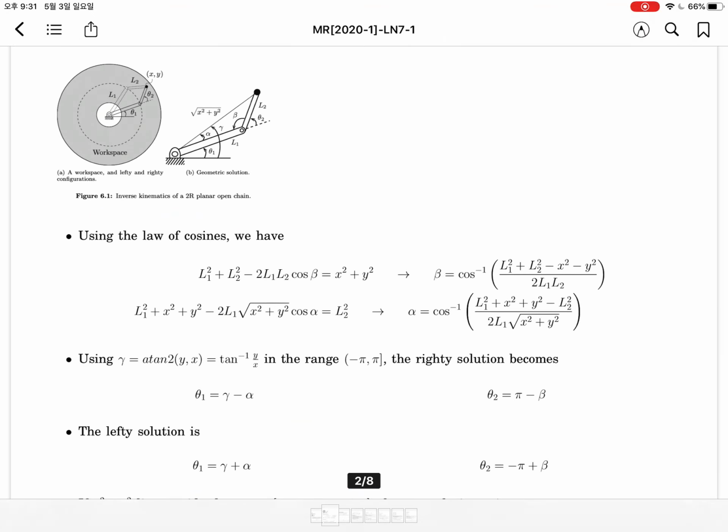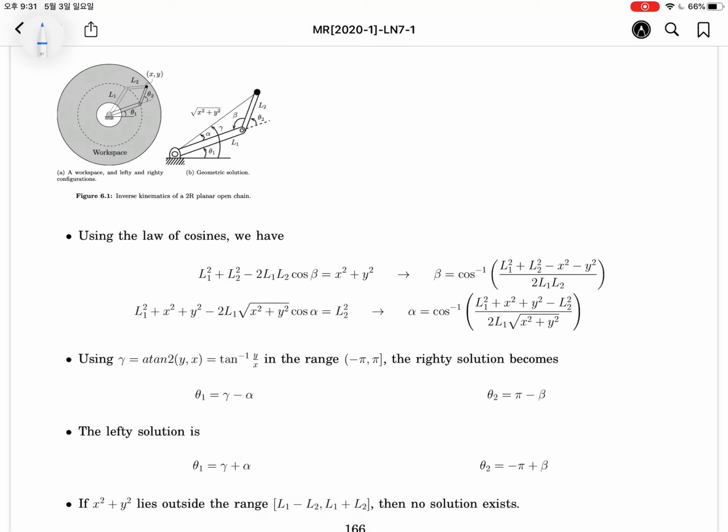Using the law of cosines, we know that beta can be represented. It's very easy. L1 squared plus L2 squared minus 2 times L1 L2 cosine beta will be equal to this one.